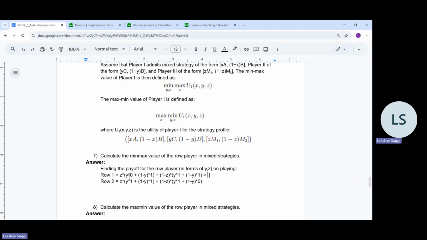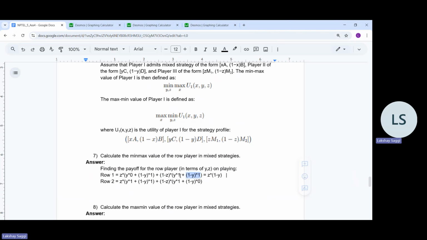So note that y times 0 is 0, and this just becomes 1 minus y. So the first term becomes z times 1 minus y, and the second term becomes y plus 1 minus y times 1. So y plus 1 minus y will just become 1.